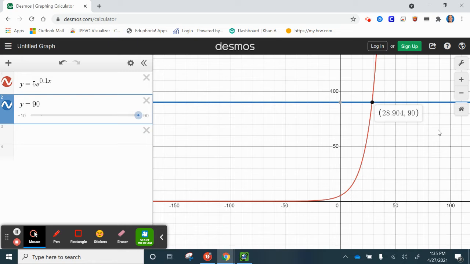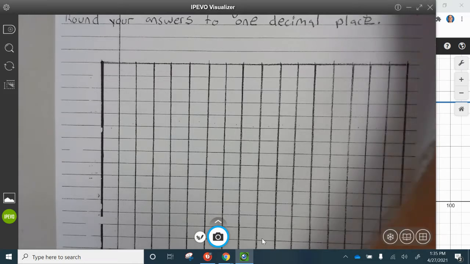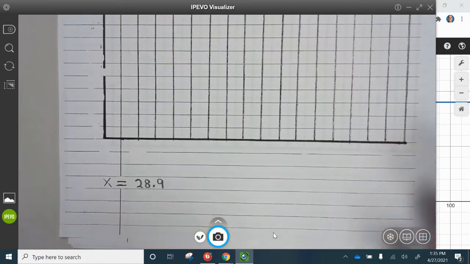They said to one decimal place, so the point of intersection is here, and all you need is the x value, so your solution is x equals 28.9.